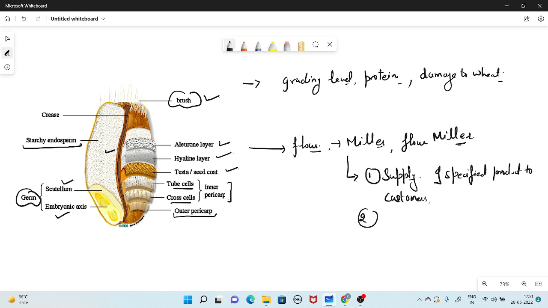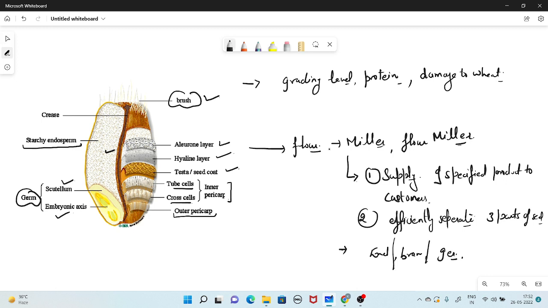And the second function is that it has to efficiently separate three parts of the seed, which are the endosperm, bran, and germ, right? So the miller's function is to separate all these parts one by one so that you can get a specified product finally.